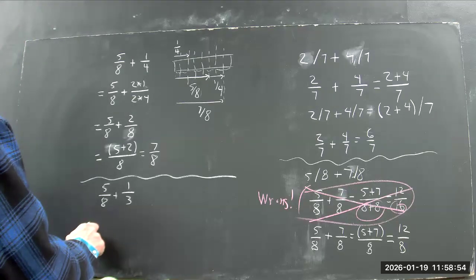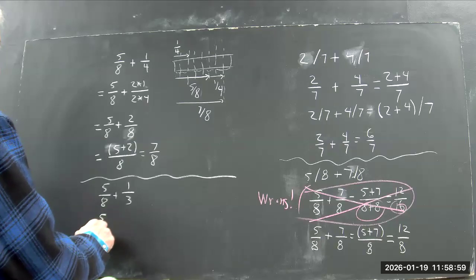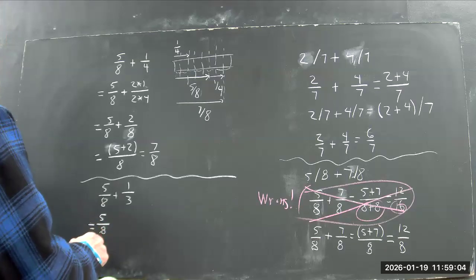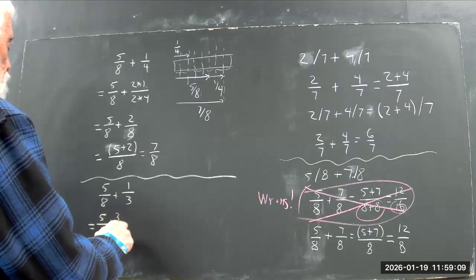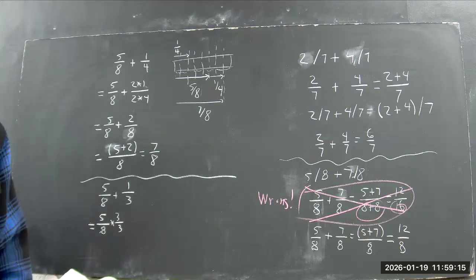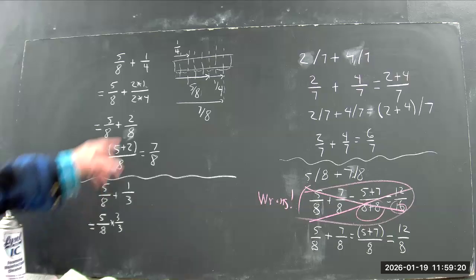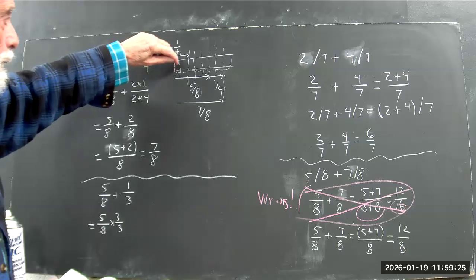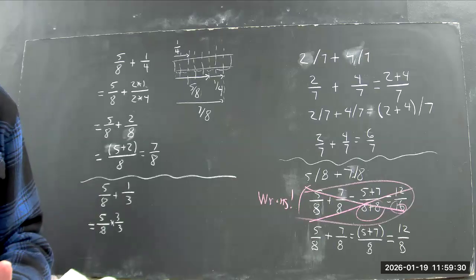now I'm going to write this out. As 5/8 multiplied by 3/3. 5/8 times 3/3. Now that has the same value as 5/8. If you draw 5/8 out here and then divide every one of these 8's into 3 pieces, you're going to have 24ths, right?